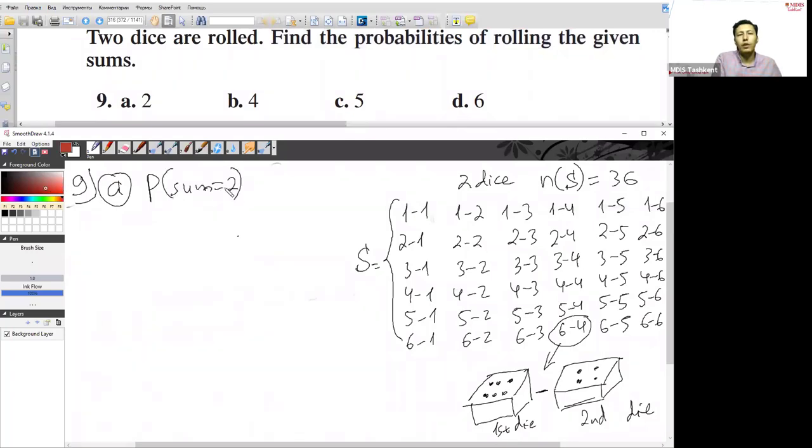What's the probability of rolling 2 dice? The sum must be 2. So we have only one such number, you see? So the event is just 1 1. Okay, so how many elements? We have 1 out of 36.